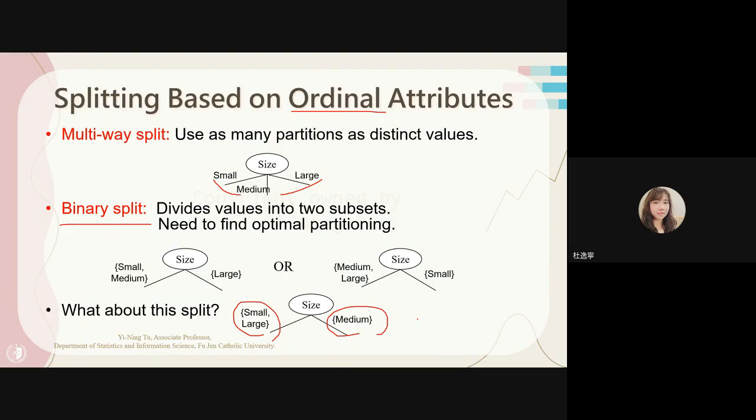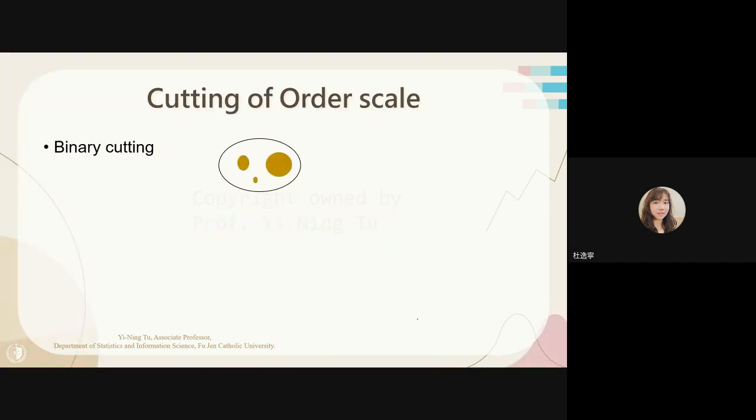So in this case, is that a good split? Once I say it depends, I must give an example. For example, binary cutting: we can do medium with small or medium with large, right? But it could be small with large, medium single. Yes, sure. This is the population, and the x-axis means age.